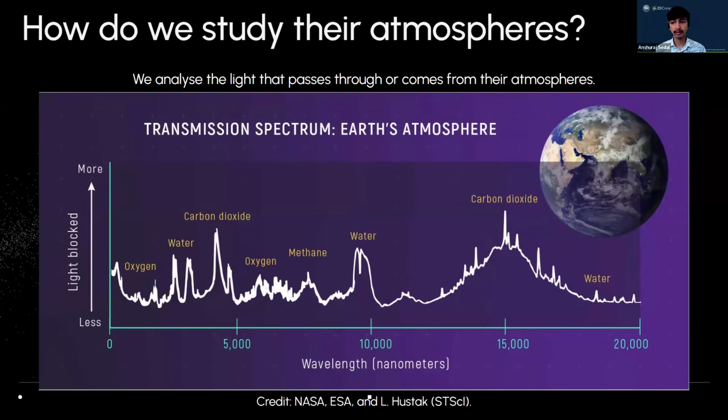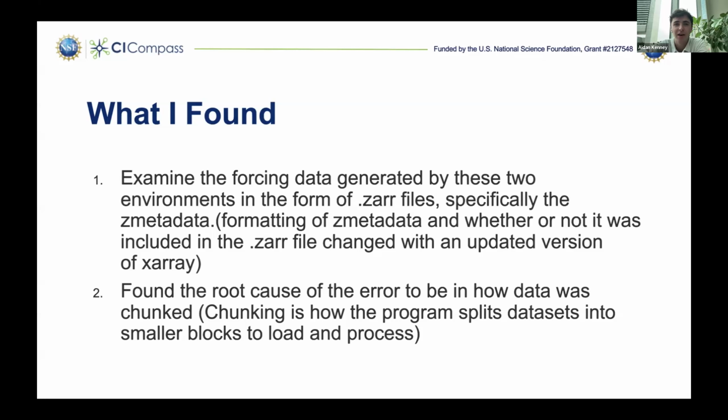All of this work was basically a big scavenger hunt of finding where the issue originated and how I could replicate the data to the exact same production, because the data was there. It wasn't simulated. It was all just trying to see how it was loaded into the system. I found the root cause of the error to be the chunking. Chunking is basically how the program splits the datasets into smaller blocks to be loaded and processed back into the model, which was a lot of work to figure out.